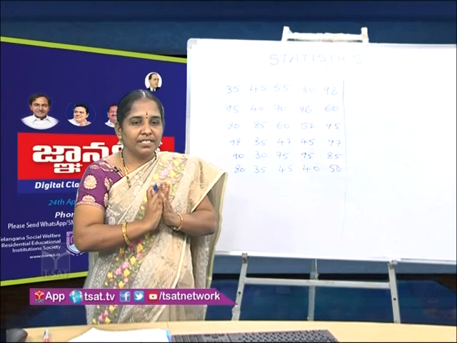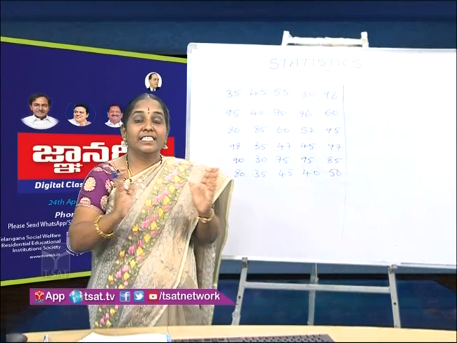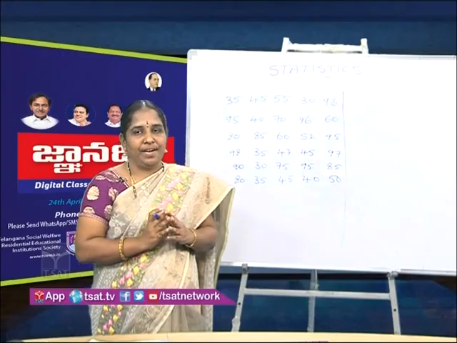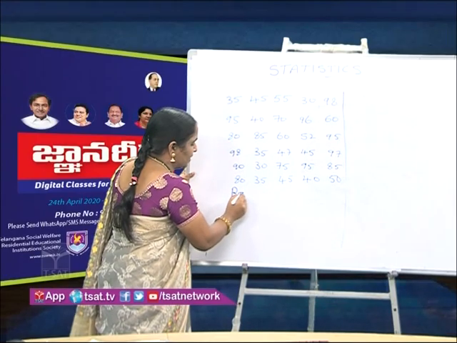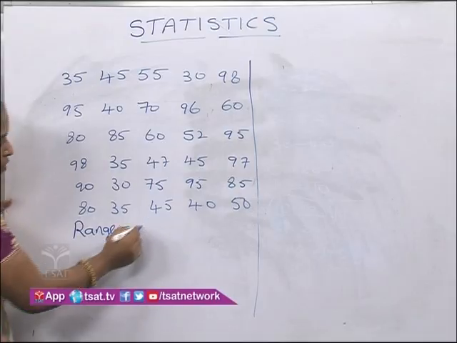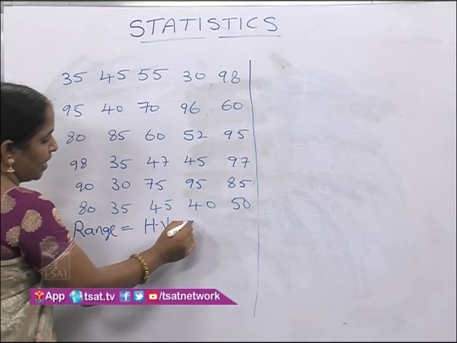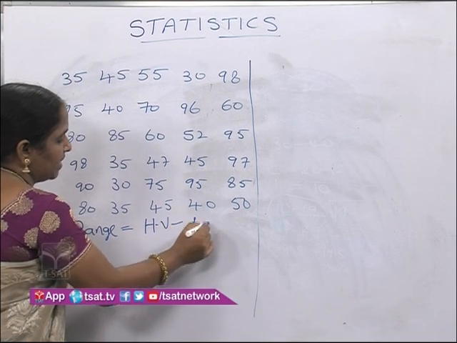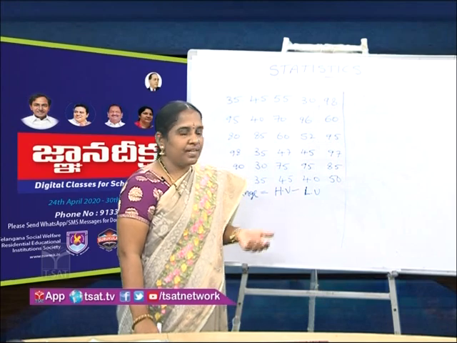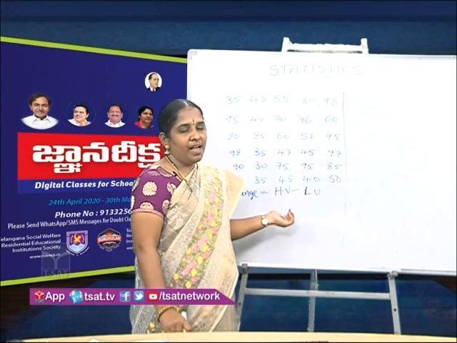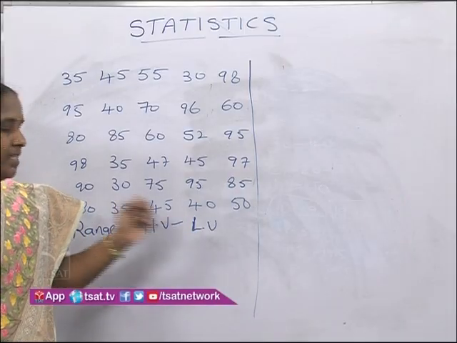How much the data has spread, that we have to find out. So range is the difference of highest and the least values. That is highest value minus least value. Whenever we say difference, we subtract the least from the highest, or maximum value minus minimum value.